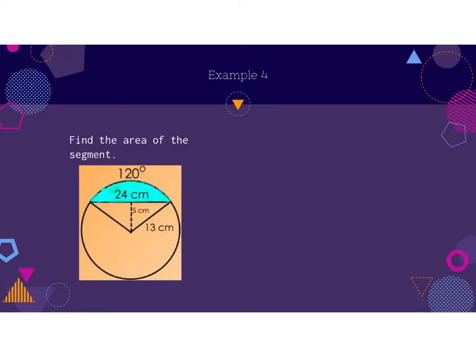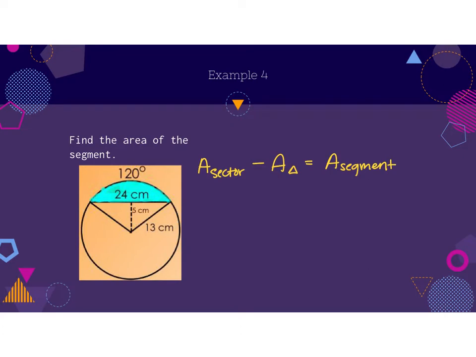All right, let's look at example 4. To find the area of the segment, we want to start by finding the area of the sector, and then we're going to subtract away the area of the triangle, and that's going to give us the area of the segment.